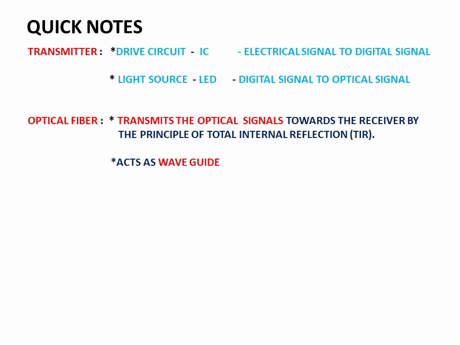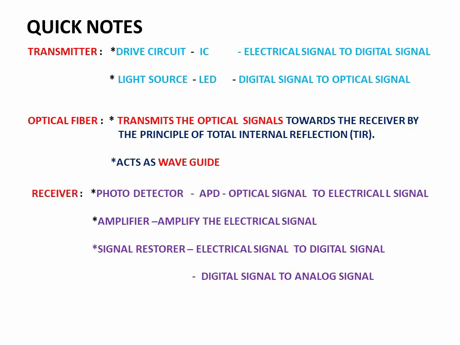The second major part is optical fiber. It transmits the optical signals toward the receiver by the principle of total internal reflection, and hence it can act as waveguide. The third part is receiver. In the receiver section, there are three major parts: photodetector, amplifier, and signal restorer.